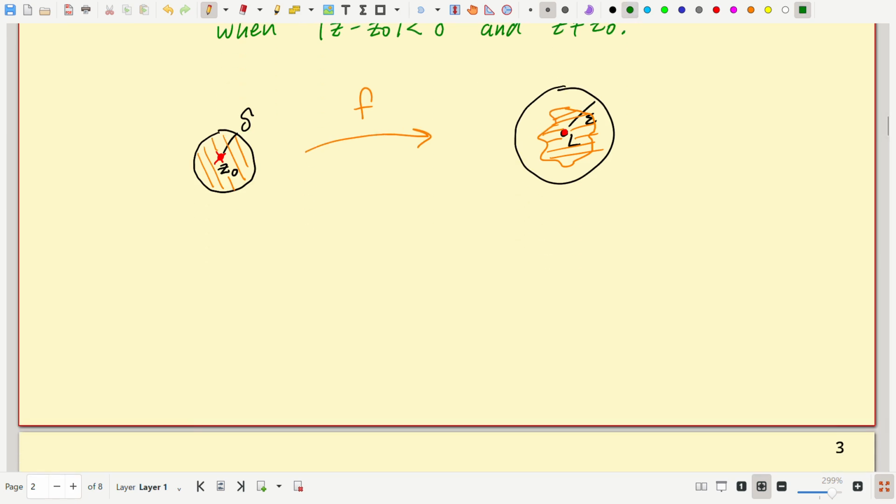And of course, it would be nice if z naught went to L. And when it does, then there's a word for that. f is continuous at z naught if the limit is what it's supposed to be.